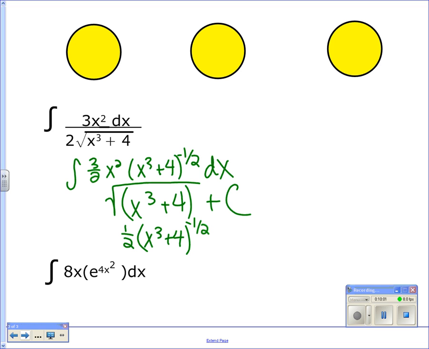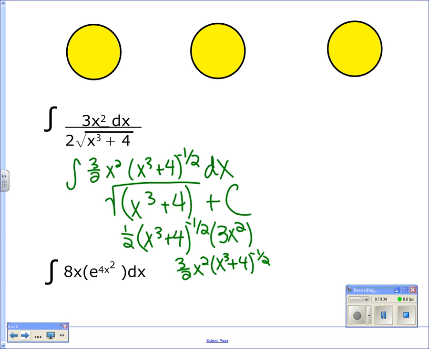Does that make sense? But then what would you have to do? What is this derivative? So if you clean it up, 3x squared times 1/2 is what? Is that what we started with?